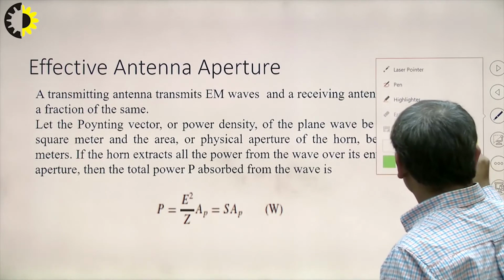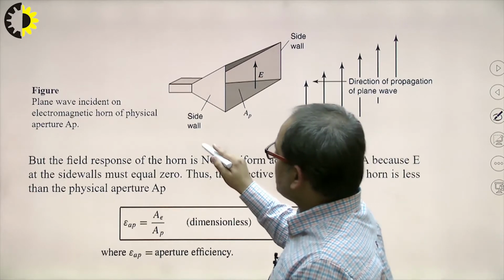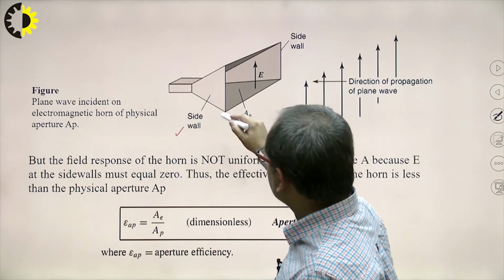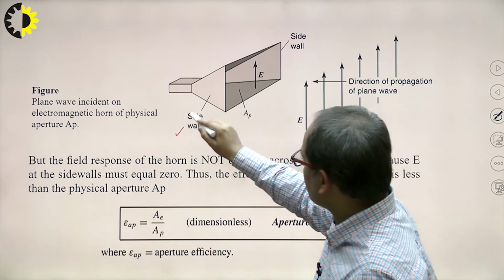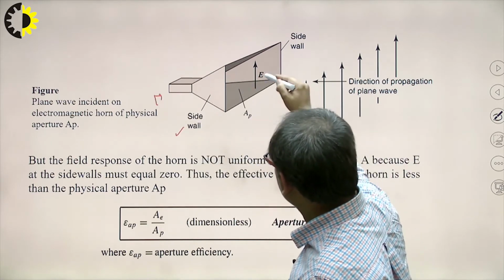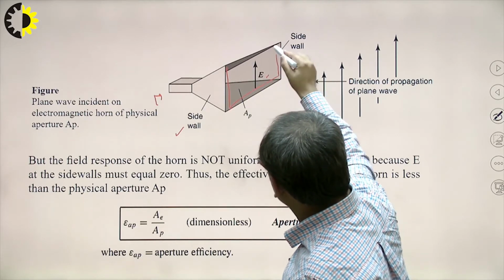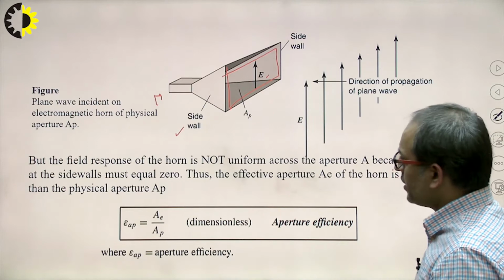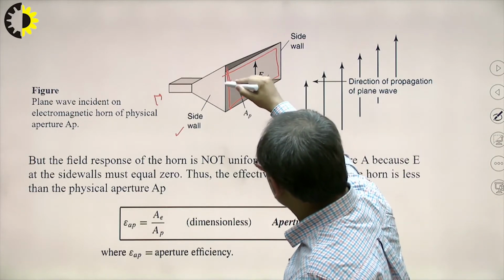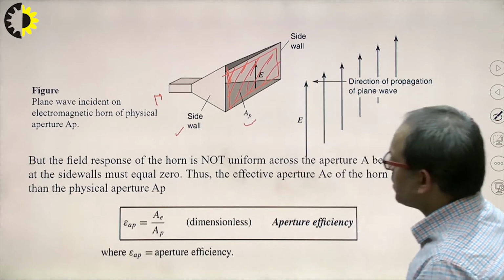Let's say this is a transmitting antenna which radiates its power from this area, which is the physical aperture area. Clear? This area is known as your physical aperture area.